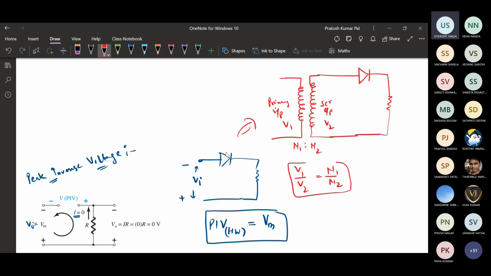This secondary v2 is basically the Vm sin omega t that we are representing as Vi. So we are not representing the transformer again and again; that Vi is nothing but the output from the transformer.